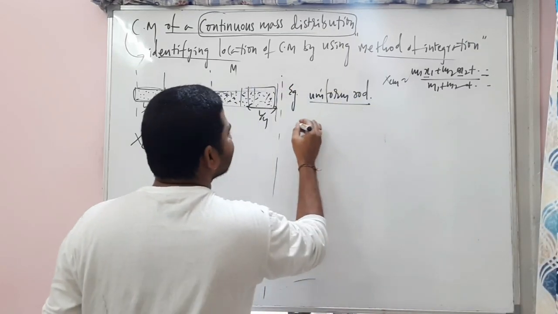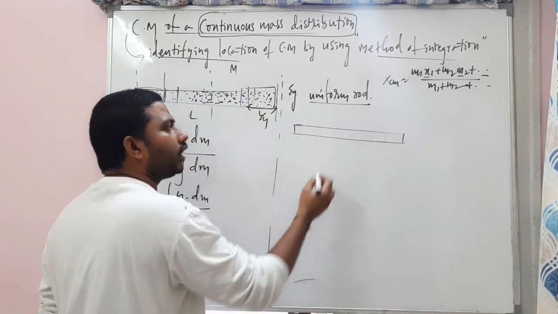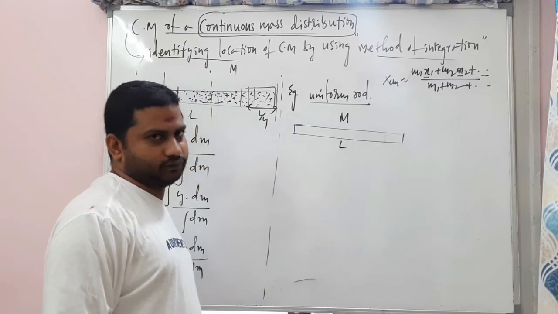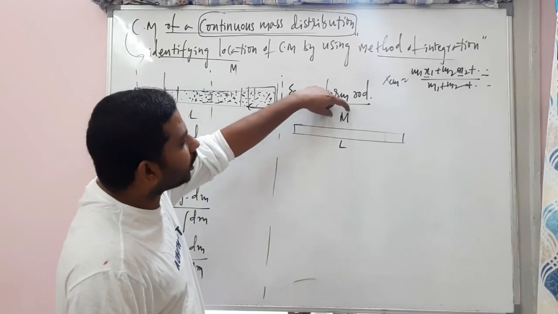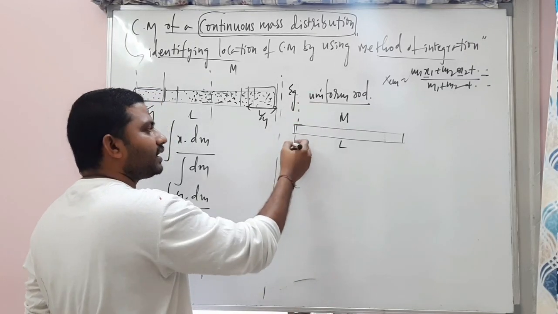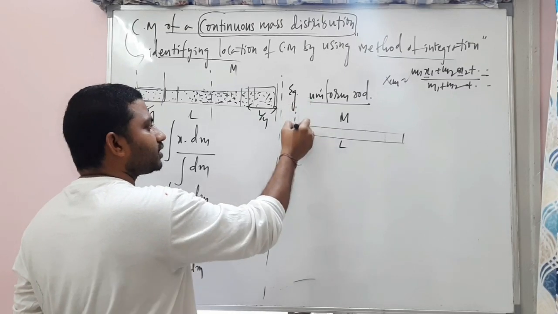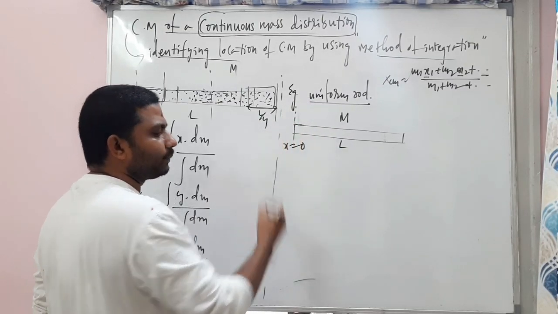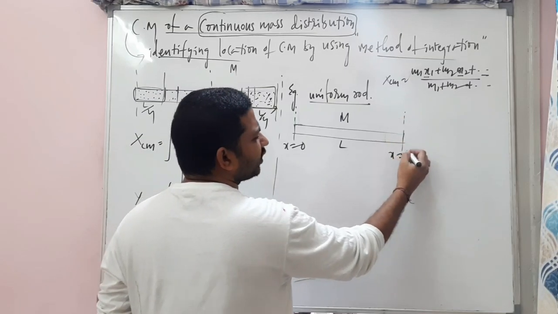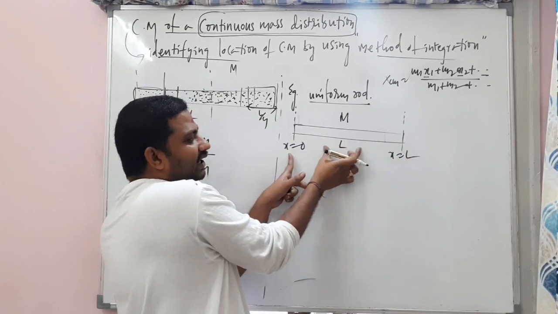Uniform rod is considered here. This is the uniform rod of mass M and length L. Carefully observe. Imagine this position is x equals 0, and the last position is x equals L. So x goes from 0 to L, which is the length of the rod.